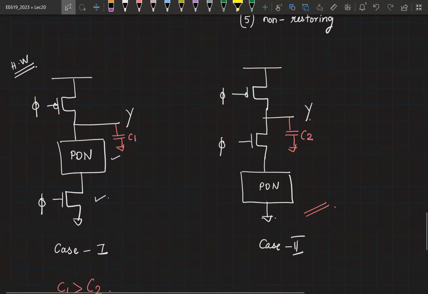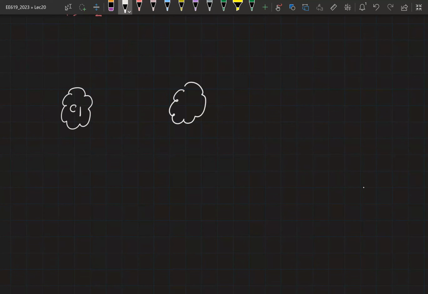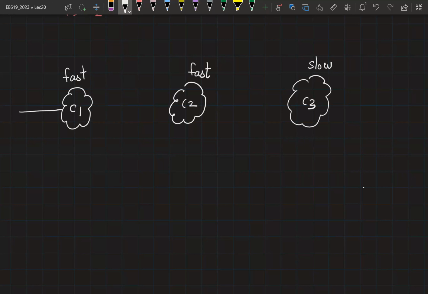Okay. Now let me give you another scenario. Let's assume that you are implementing multiple blocks of combinational logic. Let's say you have C1, C2, and C3. Let's say both C1 and C2 are very fast, and C3 is very slow. Whenever an input here changes, your output from C1 is going to come very immediately.